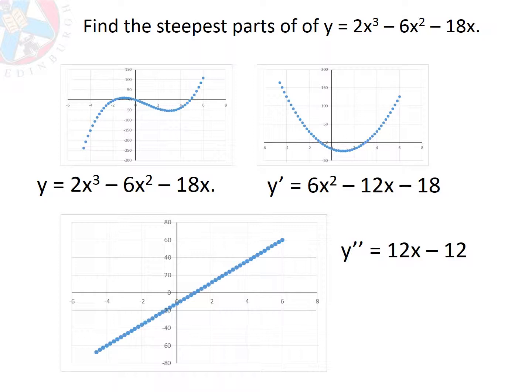At -1 here, we've got a negative value for our y double prime. And if we look at the equation up there, at -1, we're decreasing the gradient. So that means it's a maxima. Whereas at 3, we've got positive, so we've got a minima, so we're increasing our gradient as we increase x.